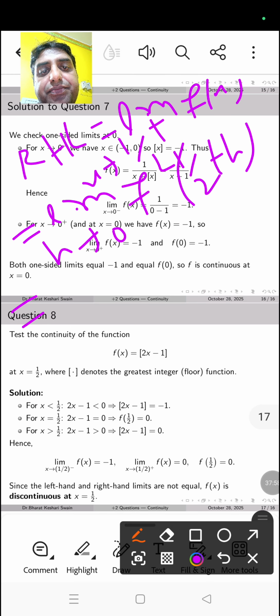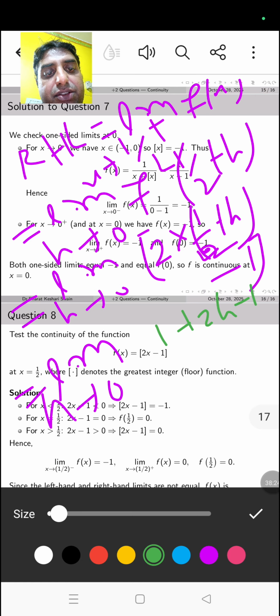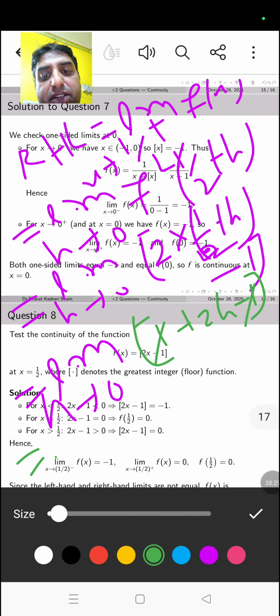The greatest integer of 2 into half plus h minus 1. If you multiply 2 here, 2 into half means 1 plus 2h minus 1, greatest integer of this. So 1 minus 1 cancels, and only the remaining part is limit h tends to 0 of the greatest integer of 2h.